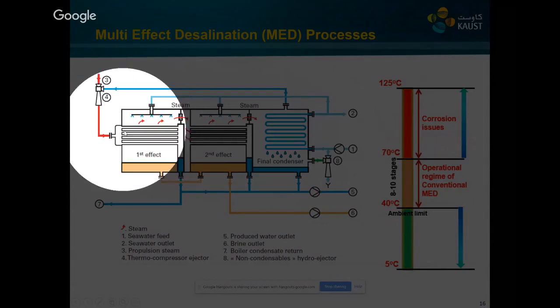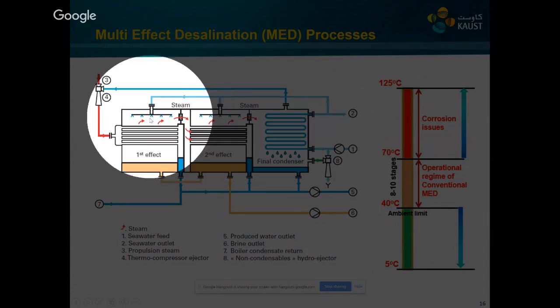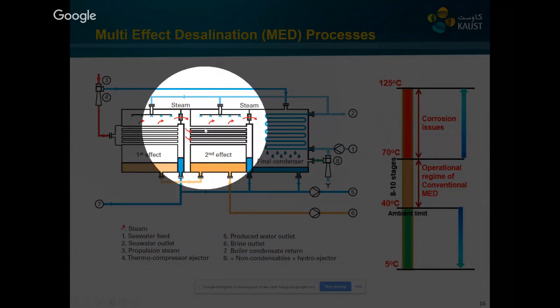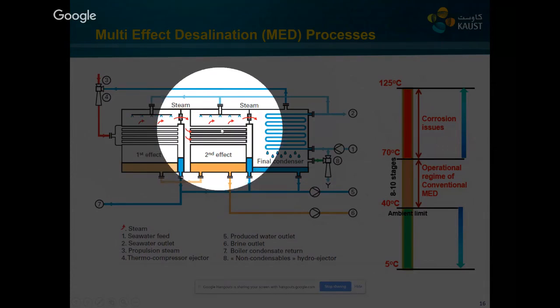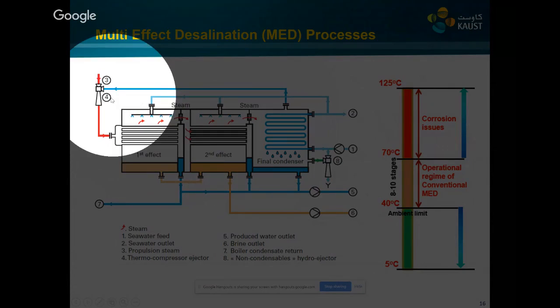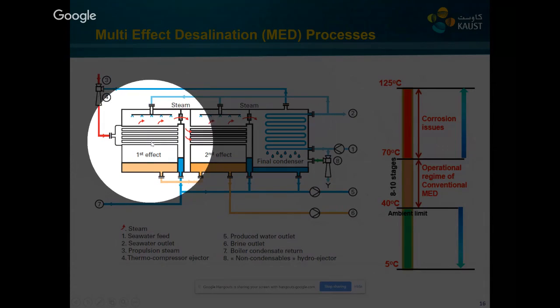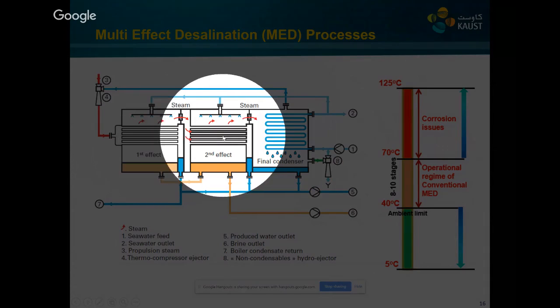Heat is supplied to the tube side of the first effect, and the seawater is sprayed on the outside of the tube. The vapor produced goes to the tube side of the next effect, where the heat of condensation is utilized to evaporate another feed on the outside of the tube, and then the vapor goes to the next stage. So the heat is supplied to the first effect only, and the energy is recovered in the successive stages.